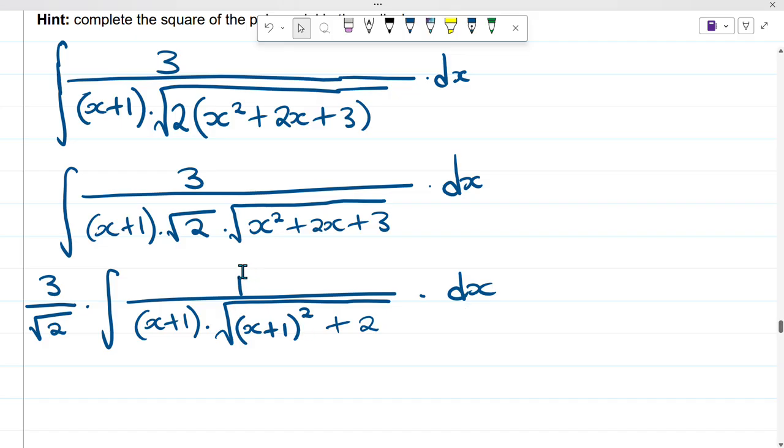We also need to make sure that on the numerator we have the derivative of whatever that is squared here. You understand? So x plus 1, when we differentiate it with respect to x, we get 1, the one that we already have here. So this question is nice then.